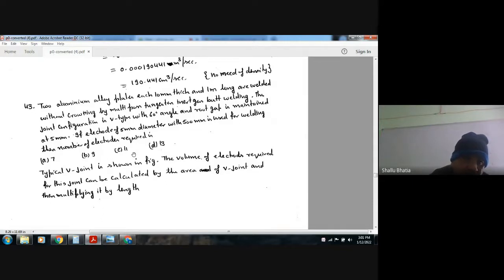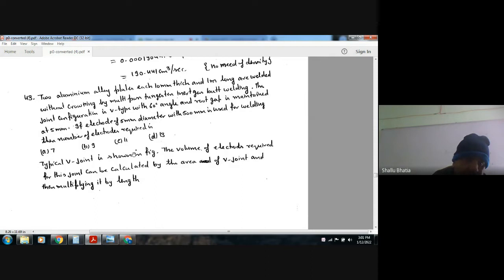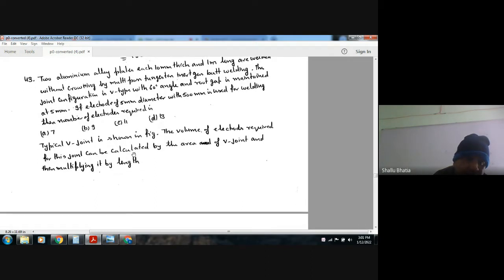If an electrode of 5 mm diameter and 500 mm length is used for welding, the number of electrodes required is option A 7, B 9, C 11, D 30.